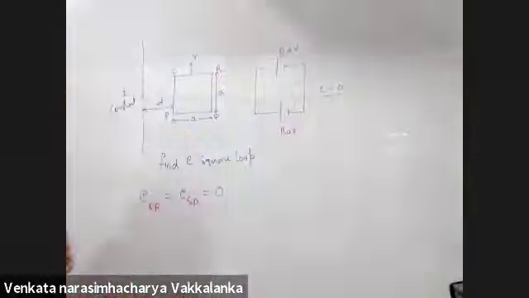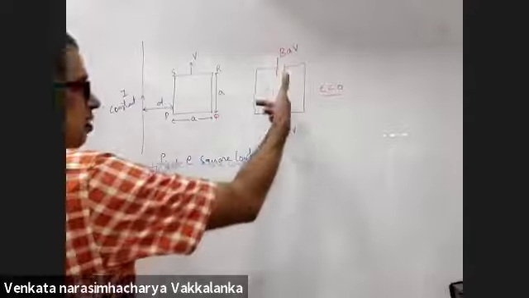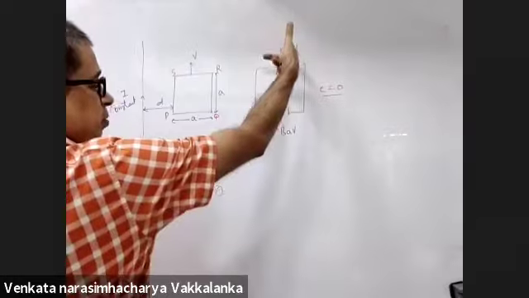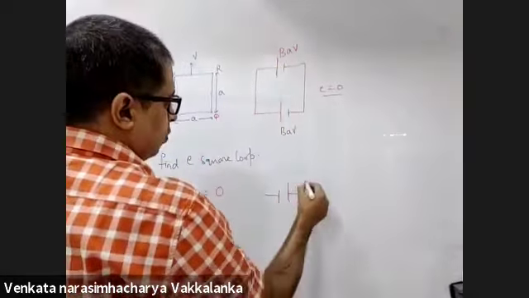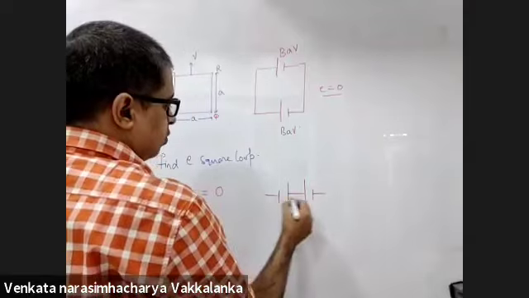So it gets cancelled. Why is it getting cancelled? Shouldn't it add up? See the directions of the battery. For this, by V, B, I, current goes from negative to positive, negative to positive. When you connect two batteries this way, why will they add up? They will cancel out.